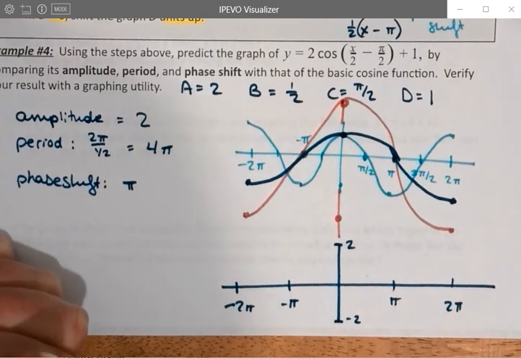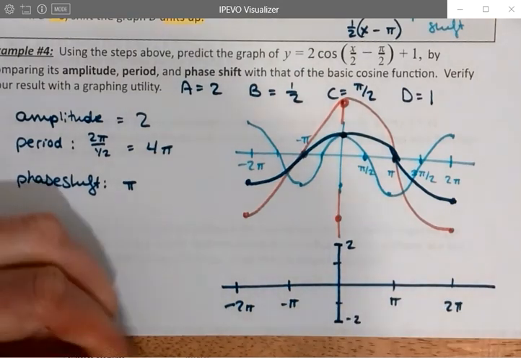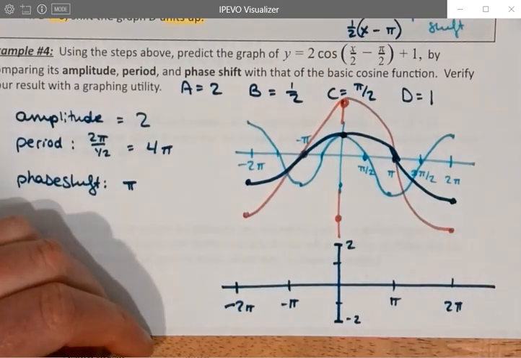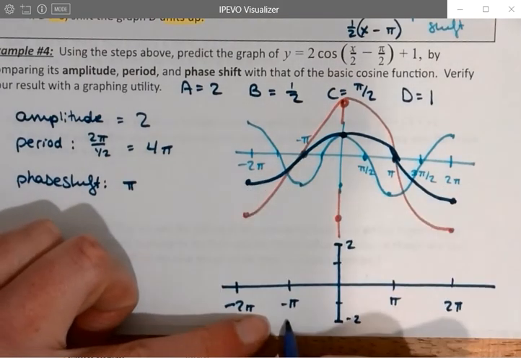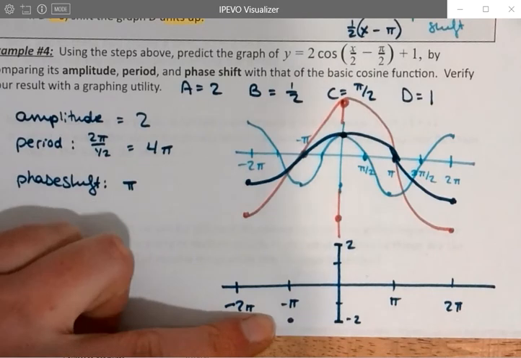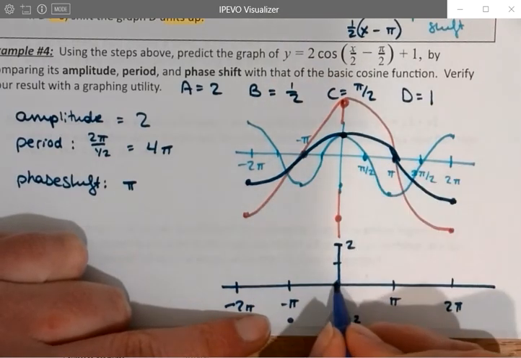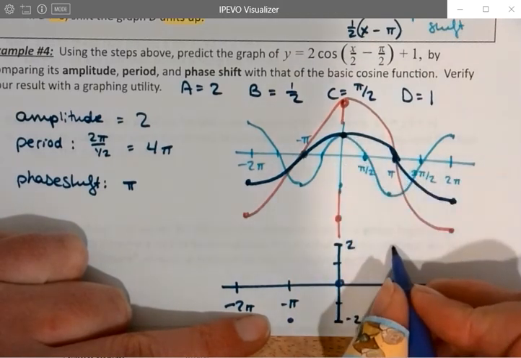I don't have room for anything more. And so we're going to shift to the right pi. So just the 2 pi marker shifts over to pi, so that's going to be down here. The pi shifts over to 0. The 0 shifts over to pi.